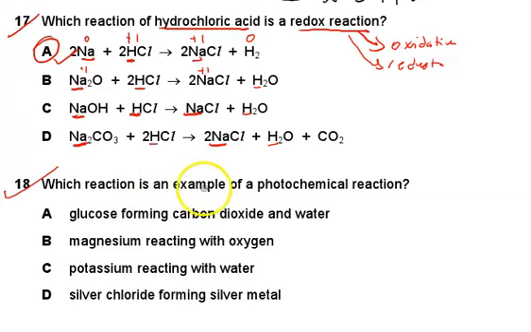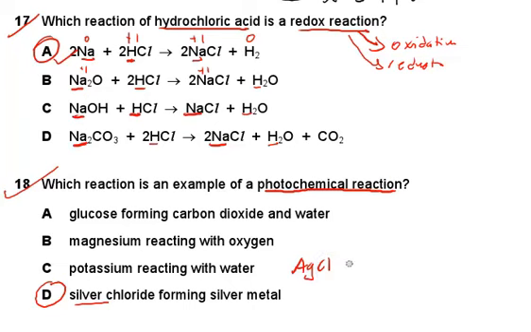Which reaction is an example of a photochemical reaction? Okay, so photochemical reaction: a chemical reaction that occurs with light. So when we look at A, B, C, D, your best answer here will be D, and your explanation here will be silver chloride.